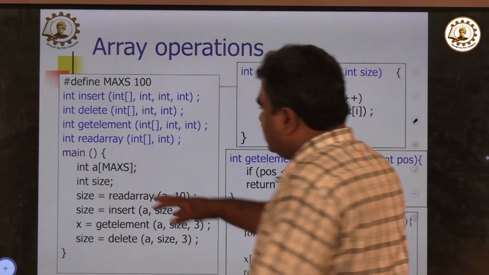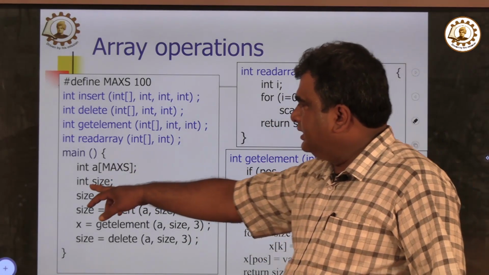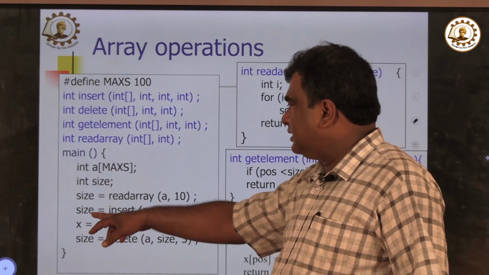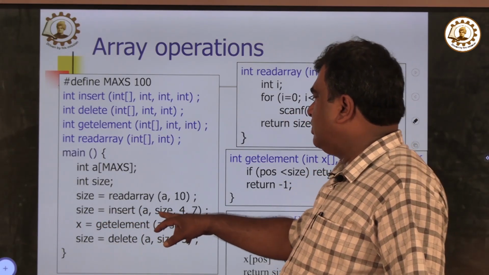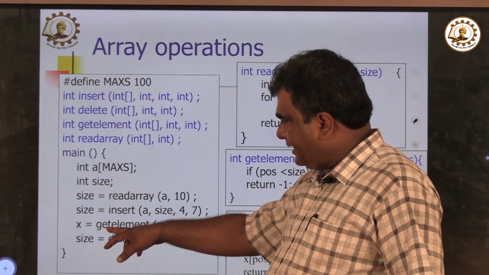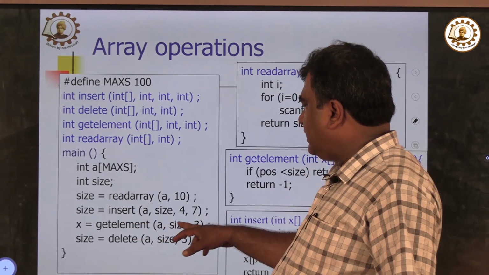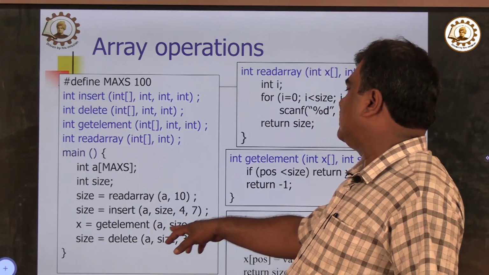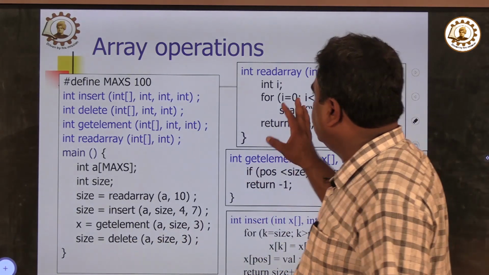Int a[MAX], int size equals read array(a, 10), then size equals insert(a, size, 4, 7), x equals get element(a, size, 3), then size equals delete(a, size, 3). Done.